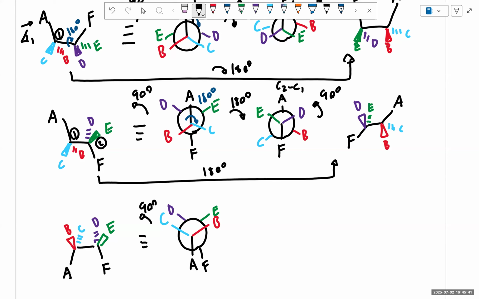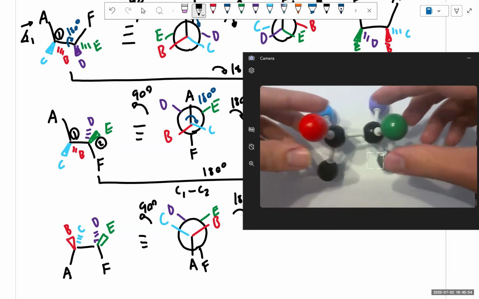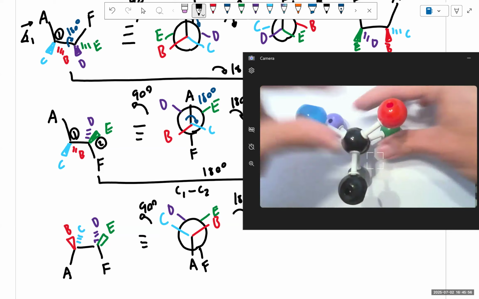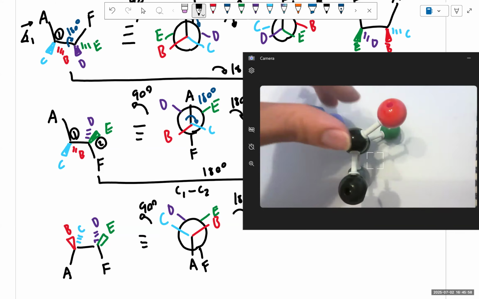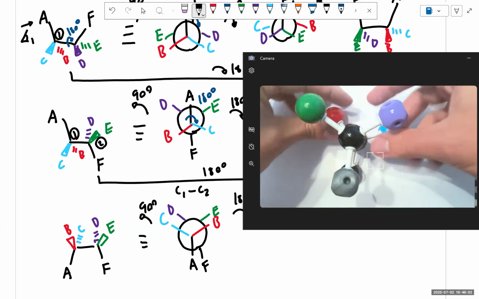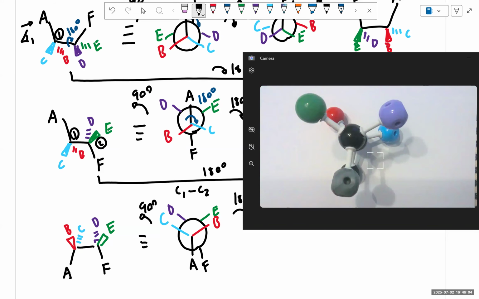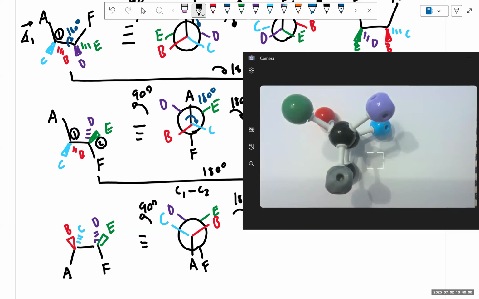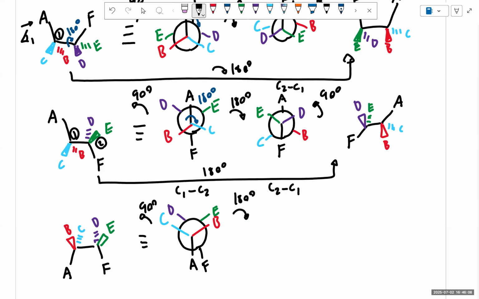Now, we were in this Newman projection looking down carbon 1. We can just as easily look down the other carbon by rotating the Newman projection 180 degrees. So here's our Newman projection, originally looking down carbon 1. If we want to look down carbon 2, we can just rotate and look down carbon 2 after rotating our model kit 180 degrees. What does this tell us?